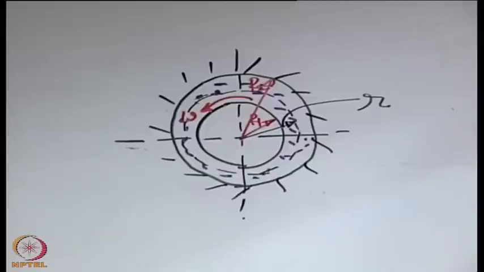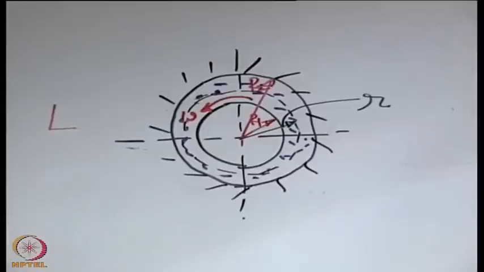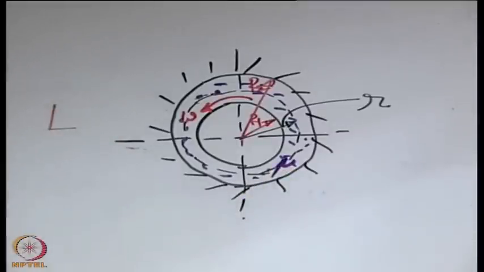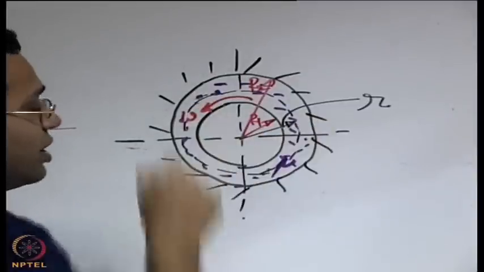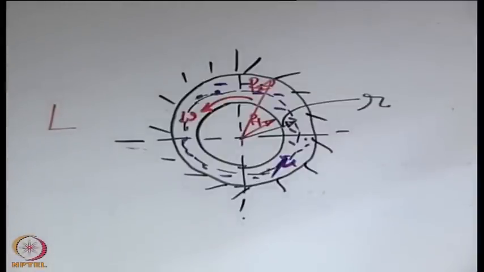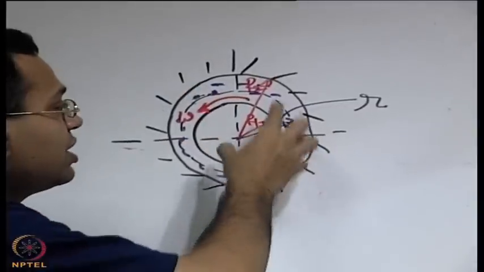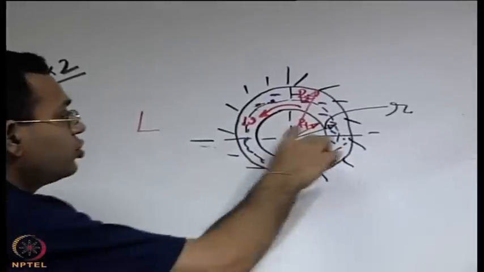Let us say that the length of both the cylinders is L, which is perpendicular to the plane of the board, and mu is the viscosity of the fluid which is occupying the annular space. So when we consider a location r, we have an imaginary surface of fluid which is having a surface area of 2 pi r into L.